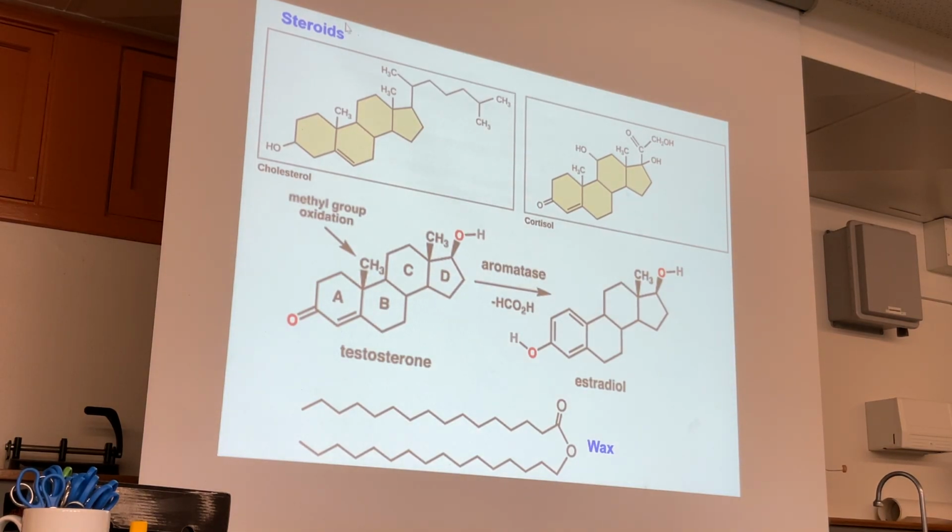Yes, what's the difference between testosterone and estradiol? Can you guys spot the difference? Like the way it's formed? It's deoxy. So it has one less hydrogen, and the estradiol looks like it has one less oxygen. No, the oxygen's there, but it's an alcohol. I think this is what Jolly was saying.